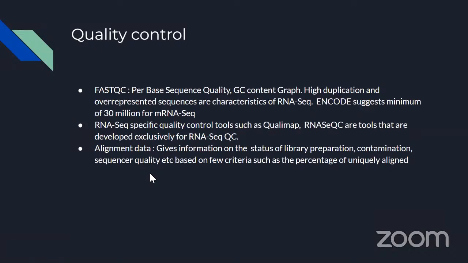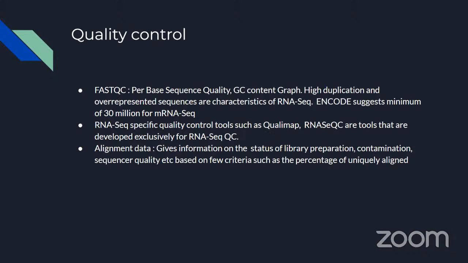If you've done a very good library, more than 90% of the reads map uniquely to the reference genome. Otherwise, there might be some percentage of multi-mapped reads, because there are so many pseudogenes and repetitive sequences in our genome. Those could be the reason.